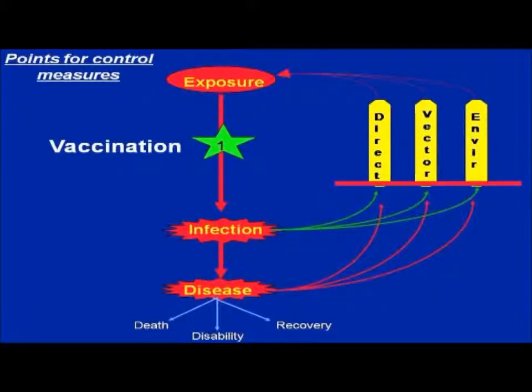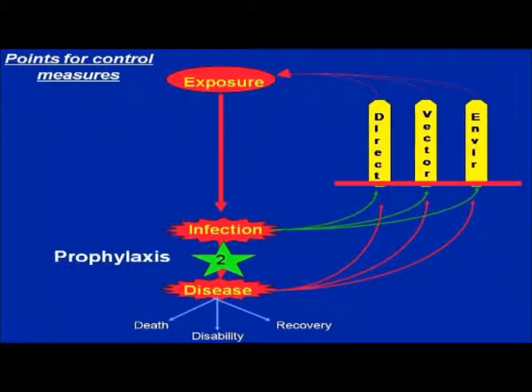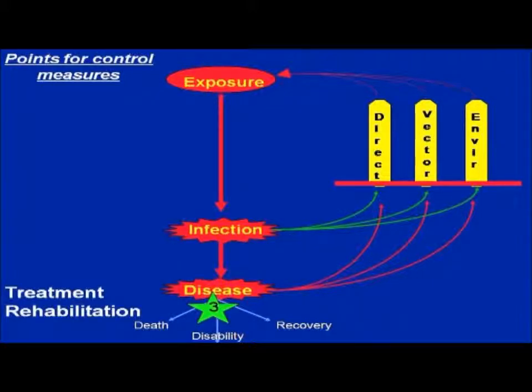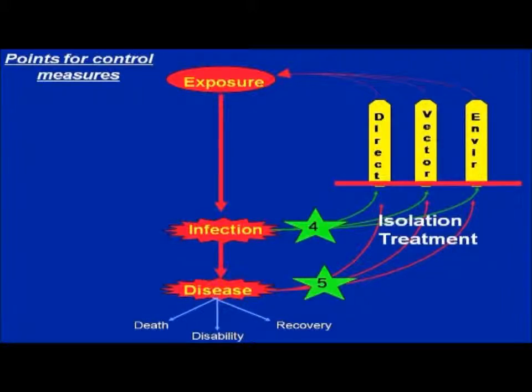Through this channel, from exposure to infection, we can cut through vaccination. And we can cut the process from infection to disease by prophylaxis, drug treatment in advance. And treatment or rehabilitation will cut the process for those who have already had the disease to die, or be disabled, or recover. And isolation will cut the process from infection or disease to the pathogen.